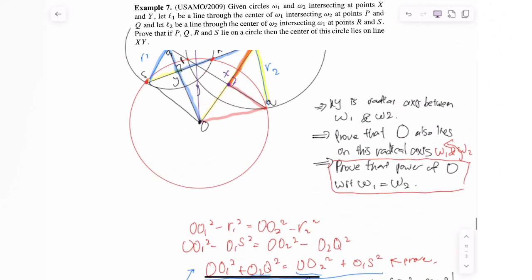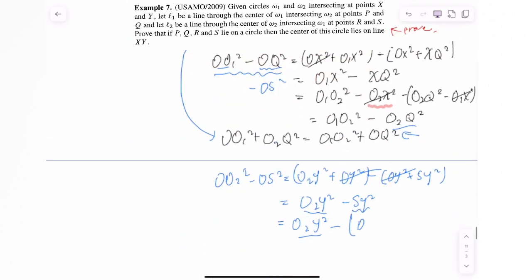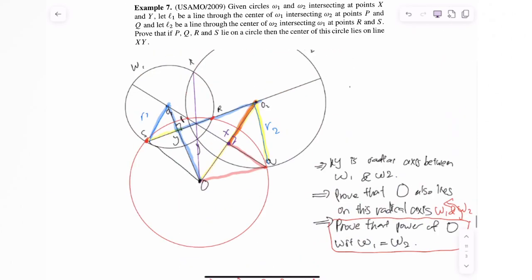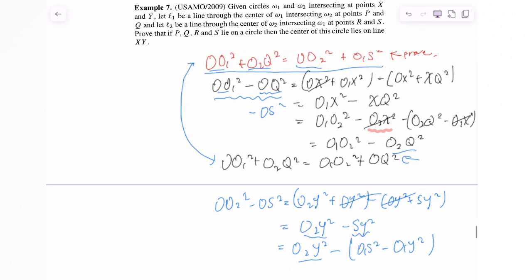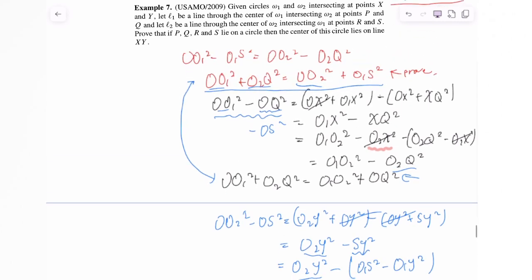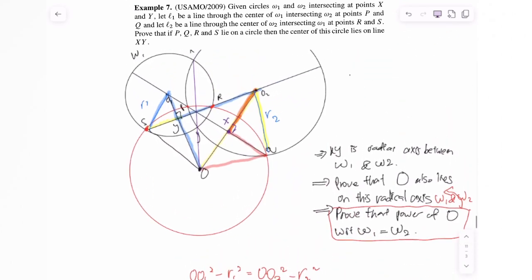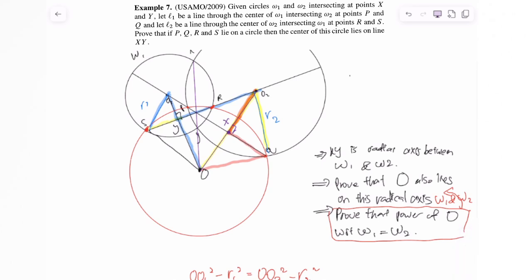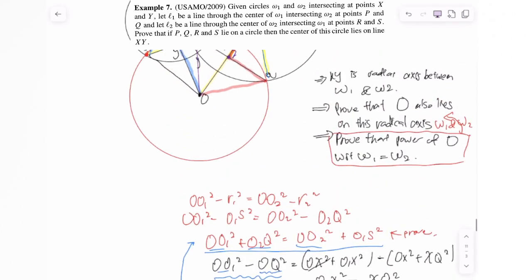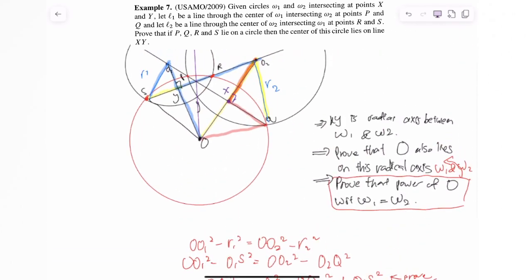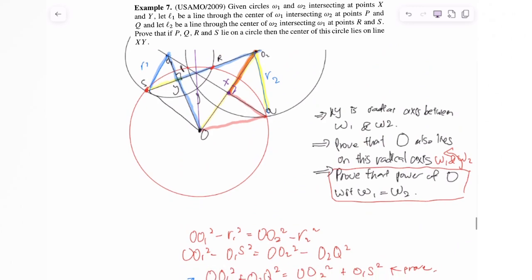SY squared is O1S squared minus O1Y squared. I think that's right.